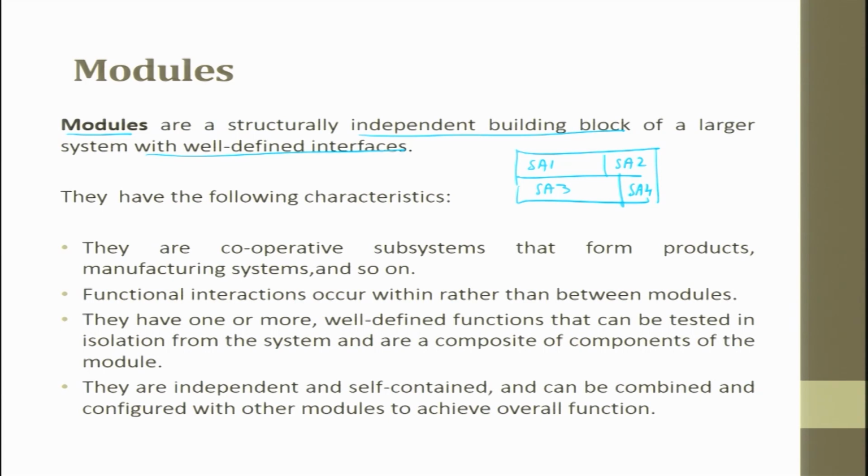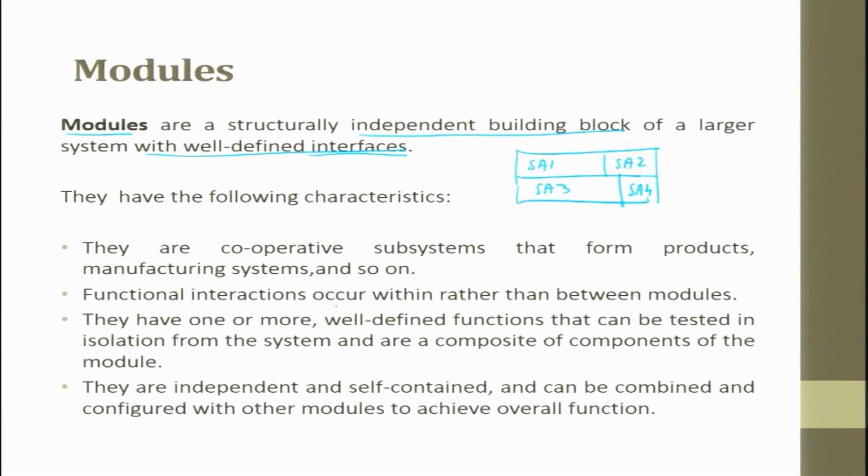The last one is, try to have a proper interface. That means to say, when I dismantle and when I fix it up, it should not involve very complex things, and whenever I try to interface, join, it should give me the best output very fast. They have the following characteristics: module. Okay. They are cooperative subsystem that forms product, manufacturing system and so on.